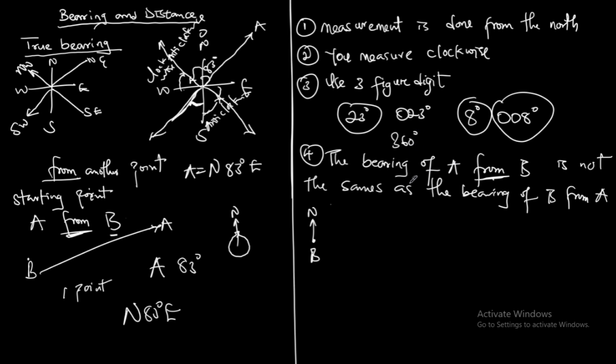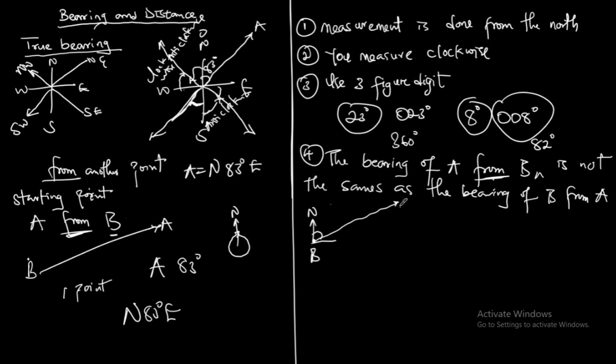So if the bearing of A from B is 82 degrees, for example, it means I'm going to measure the bearing of A from point B, which means I take my 82 degrees from point B, which gives me 82 between these points, that is between north and east, which goes this way.